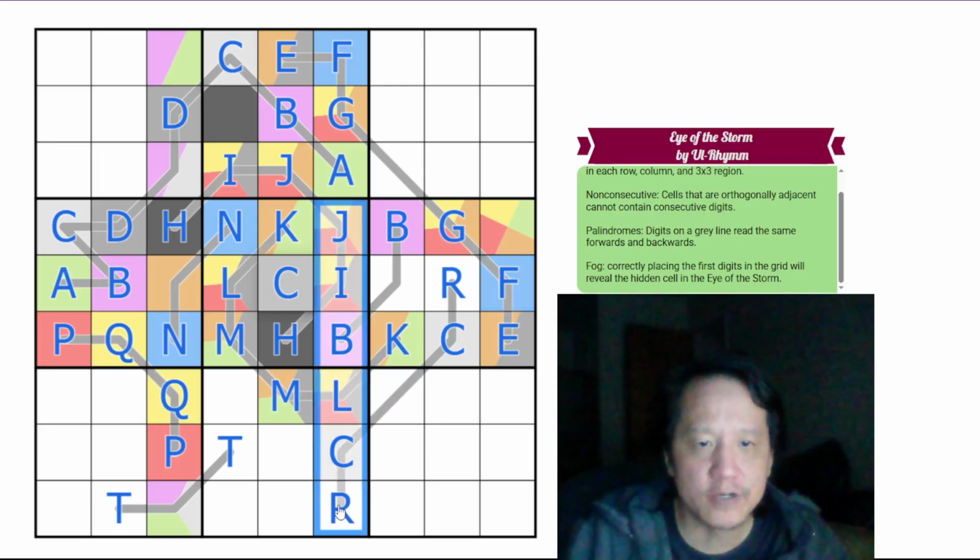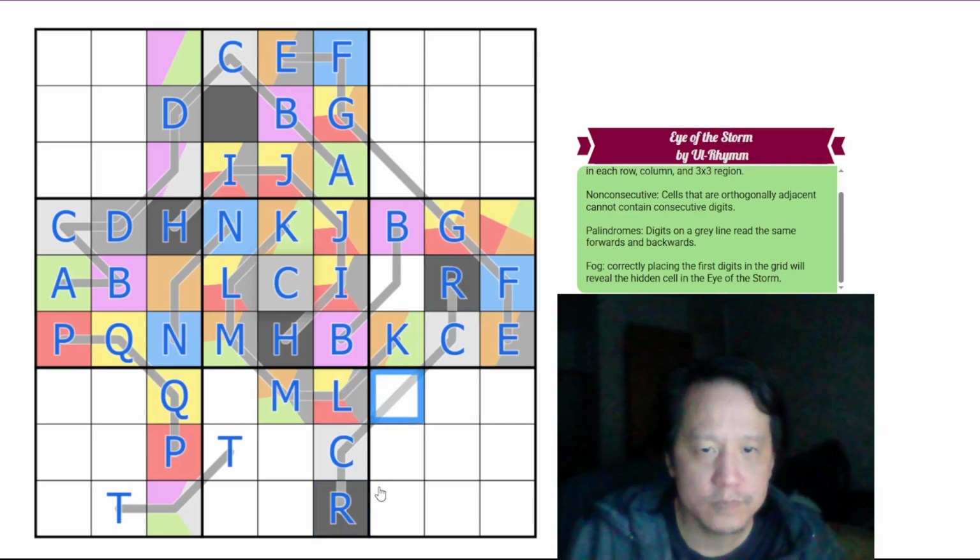Where is the dark in column 6? It has to be here. So R is dark. Okay. So L cannot be orange. I cannot be orange.